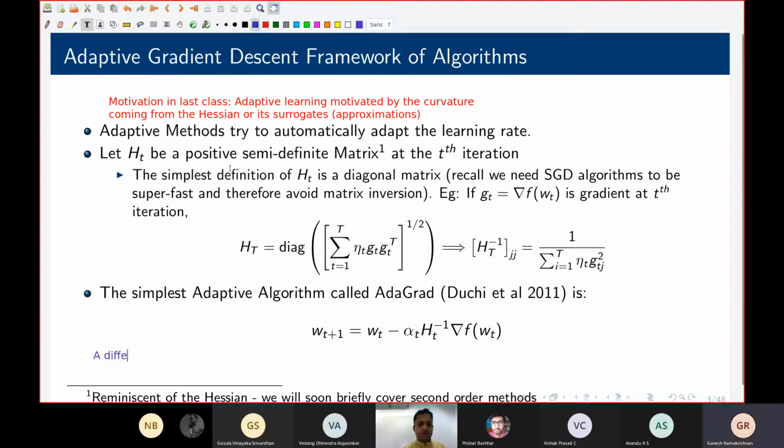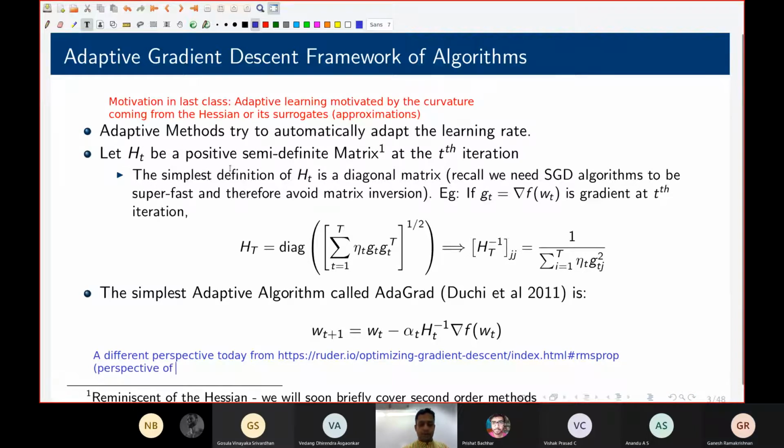So, a different perspective today, and the perspective is two things: accumulating gradients and gradient squares. Accumulating gradients, in some sense, is what momentum methods do.